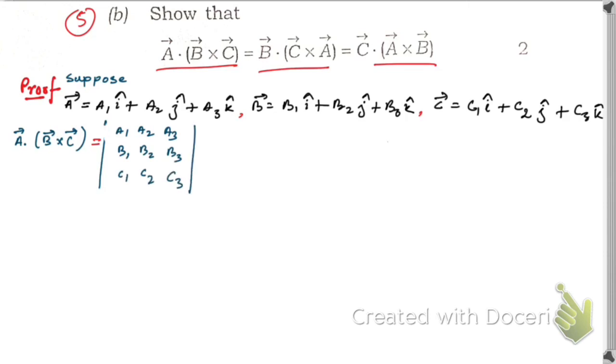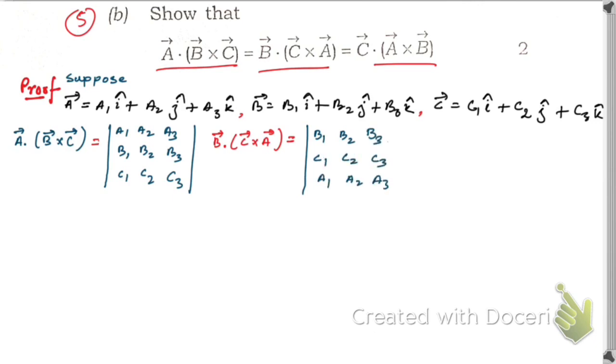If you find b dot c cross a, then you will get b1, b2, b3, c1, c2, c3, a1, a2, a3. Then if you find c dot a cross b, then you will get c1, c2, c3, a1, a2, a3 and b1, b2, b3.